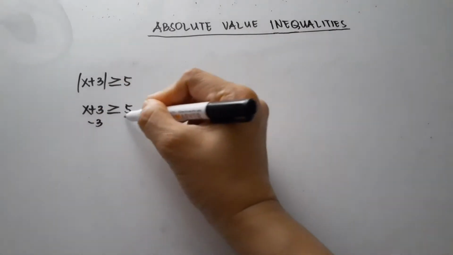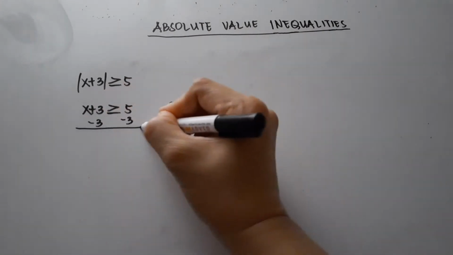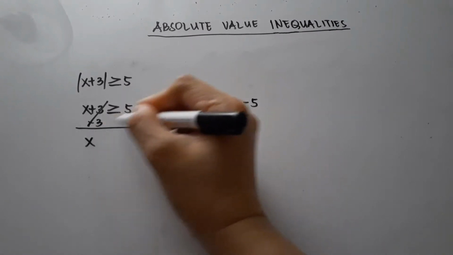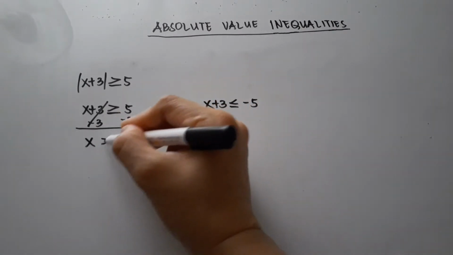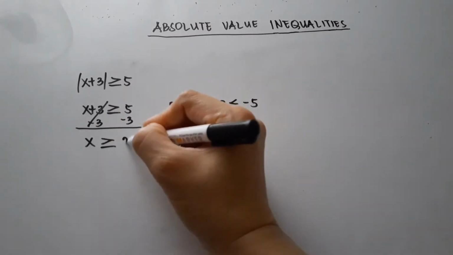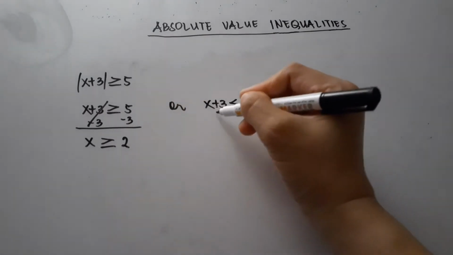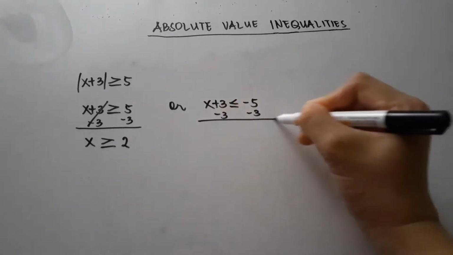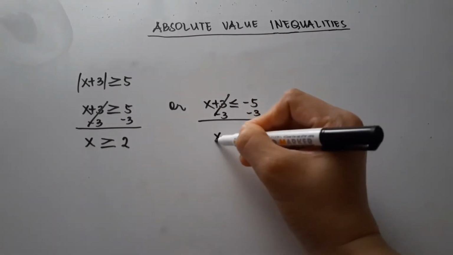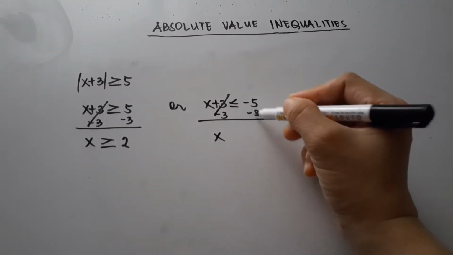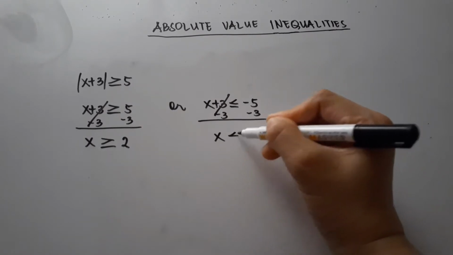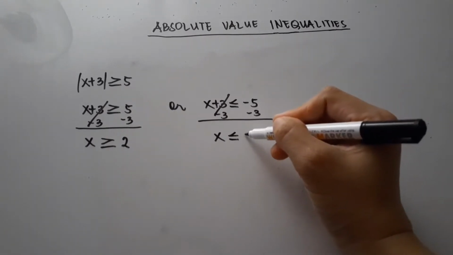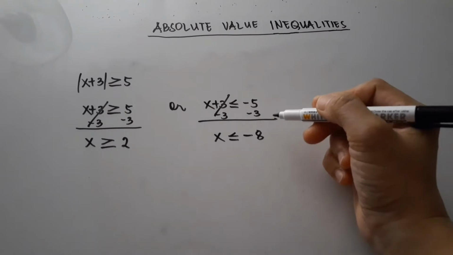To solve this one, we add negative 3 to both sides, cancel out, and x is 5 minus 3, which is equal to 2. Therefore, x is greater than or equal to 2. And on the other side, x is less than or equal to negative 8.